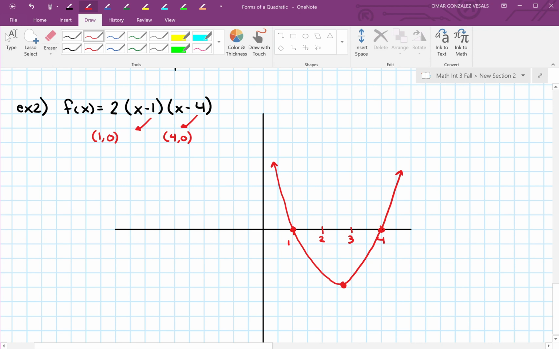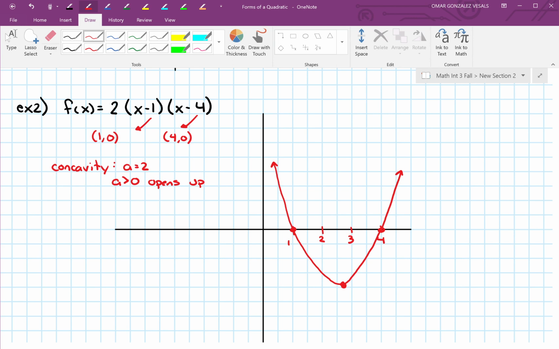Because the graph opens up. Since a equals 2, a is greater than 0, so it opens up. And the only way for it to open up is if it has a vertex below it. Sound good, guys? Okay, are we okay with this one?